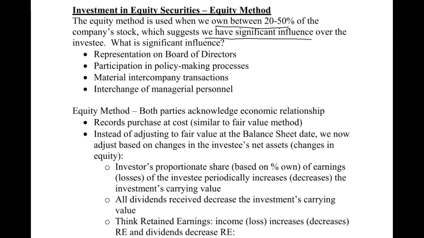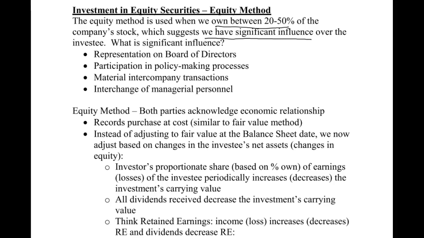So what does significant influence mean? It just means because you have so many shares of stock, you get to vote those shares, assuming they're common stock. And that gives you a lot of power. So you might be able to get people on the board of directors that you want, which will allow you to have some participation in policy-making processes. Material intercompany transactions, that means, remember, we're a company buying a lot of stock of another company.